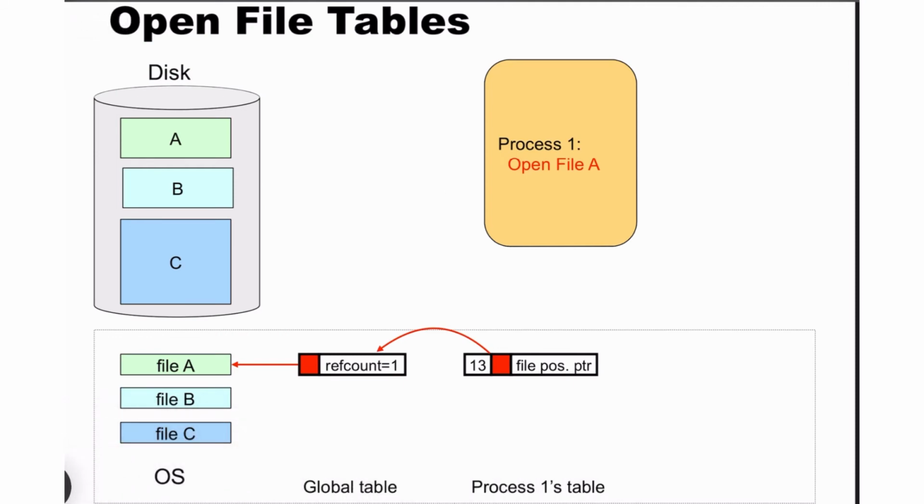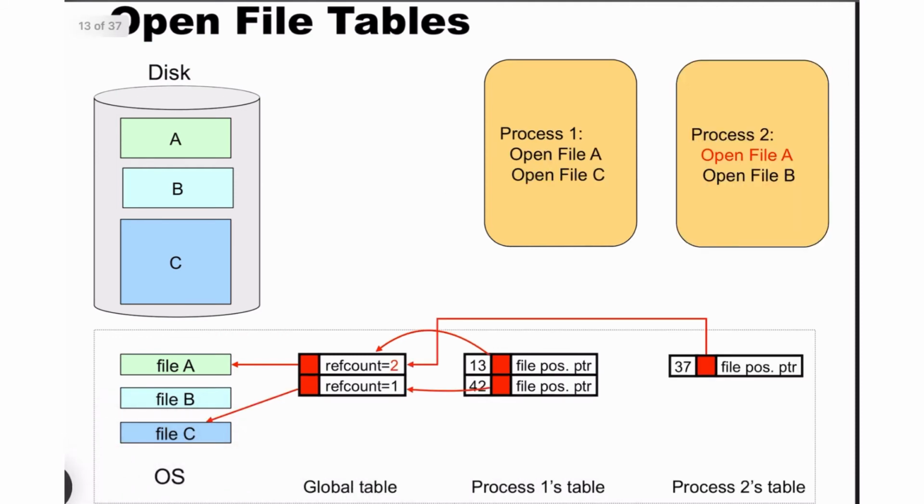Okay, so let's have some examples. We said that there is the file table. When we run a process, we'll get a copy of that file. So this is the file, and this is our RAM held by our operating system. So we have process 2.